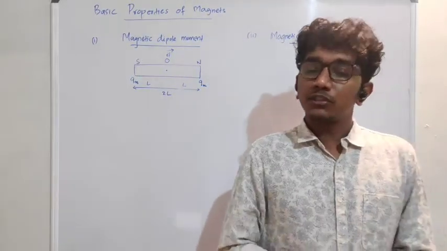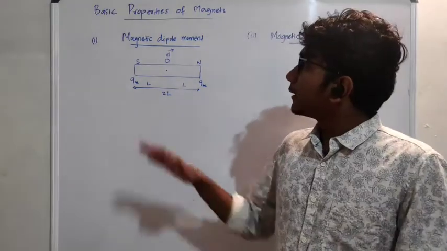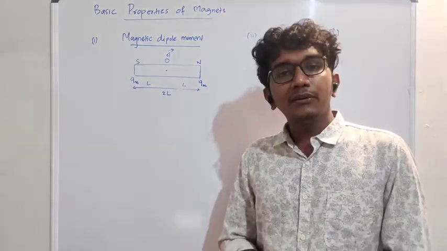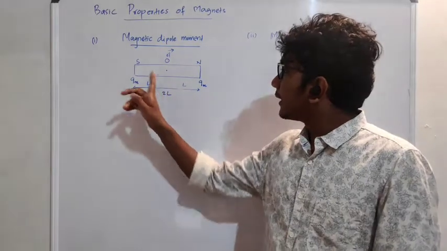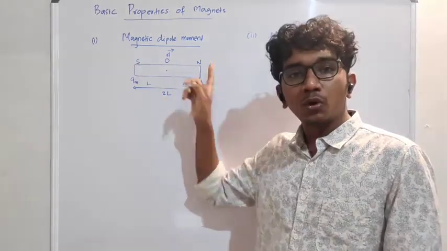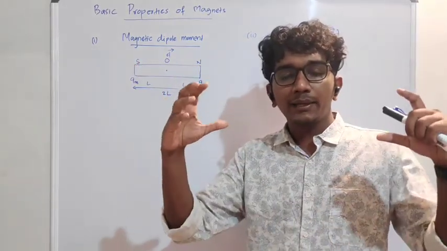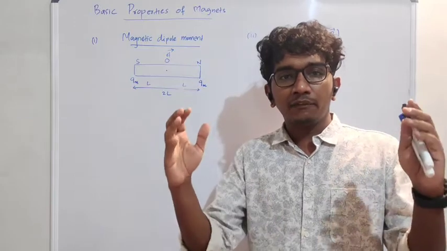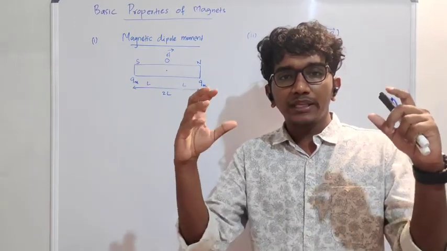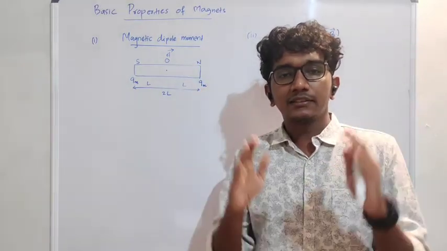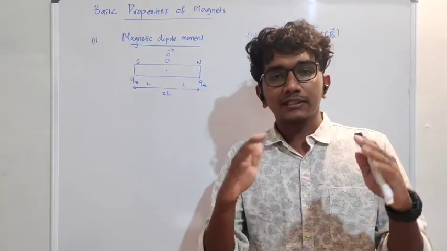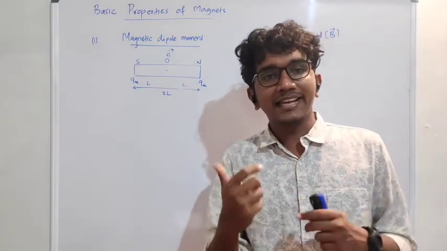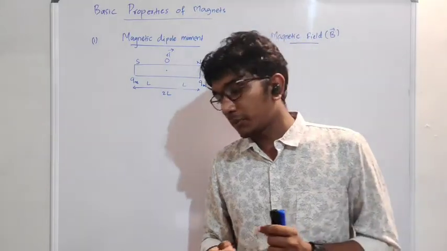For magnetic dipole moment, consider a bar magnet with a south pole and a north pole, two equal pole strengths at a distance. I will discuss what pole strength is. You can easily connect it with the electric dipole, right?